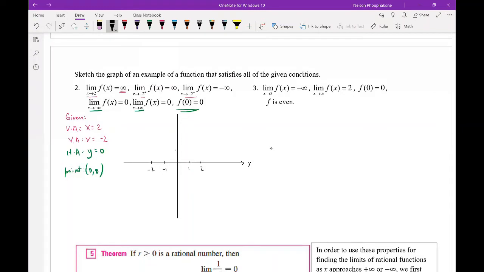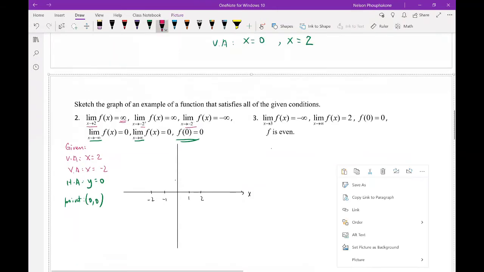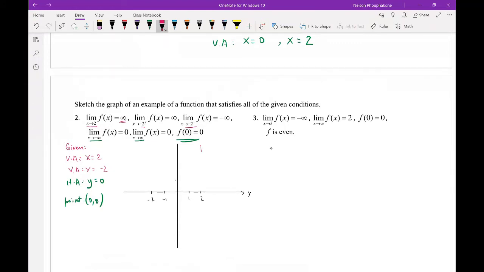Okay, so now we will have a vertical asymptote at x equal to 2, and at x equal to -2. And then we also have the horizontal asymptote, y equal to 0. Then now, let us try to analyze the problem.